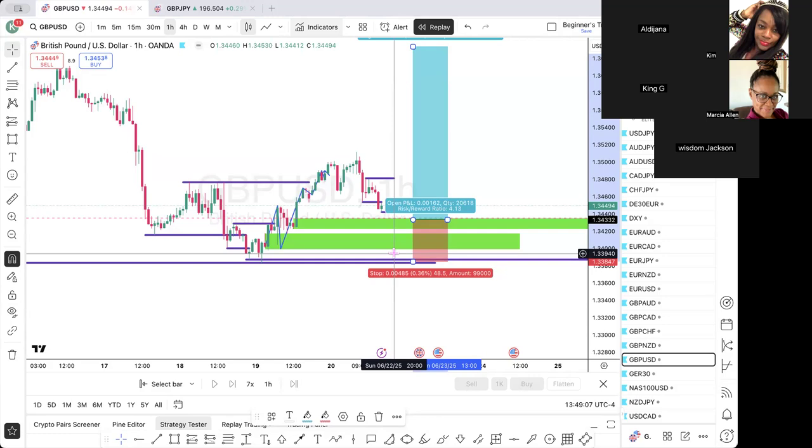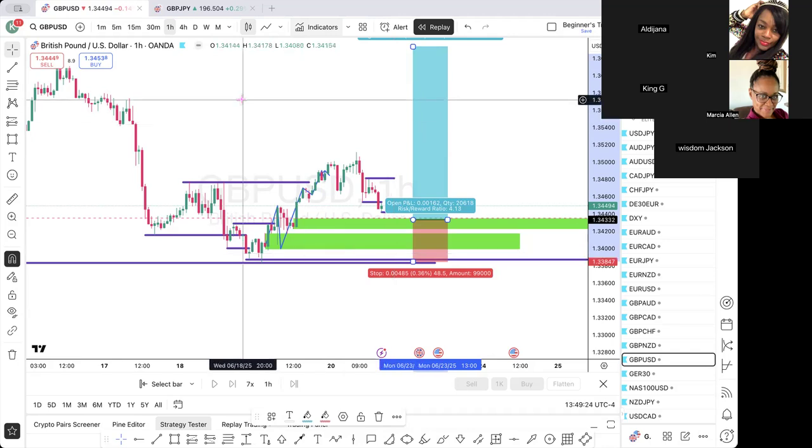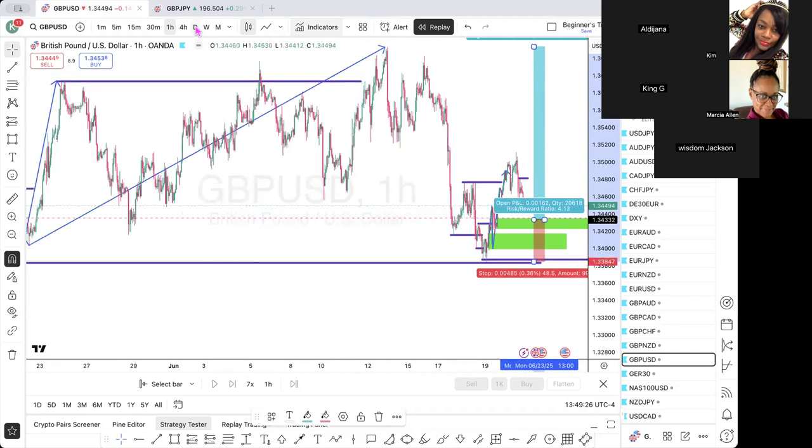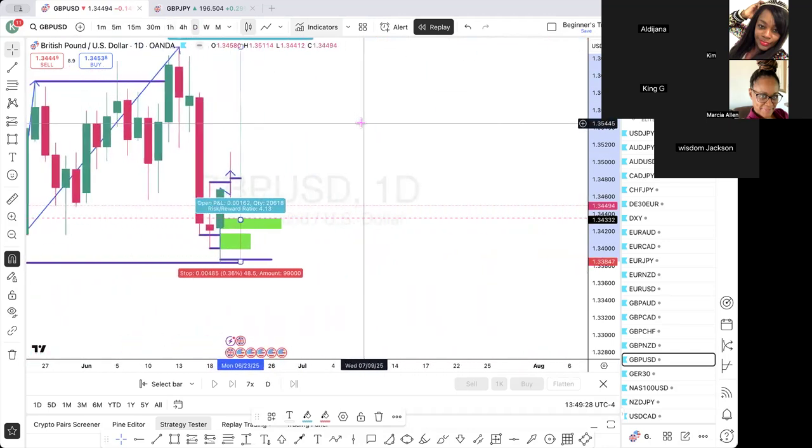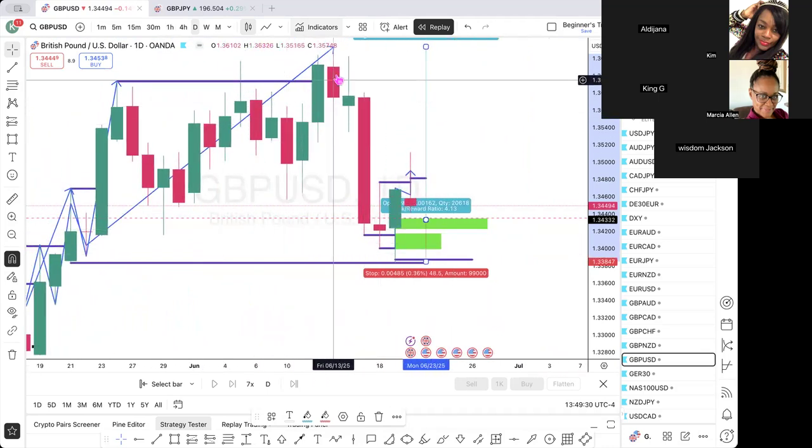That is why it's very important to do a top-down analysis and identify your structure. And then you can go into the smaller time frames, the lower time frames. If you just mark up your zones based on the daily, we had the break happen here, so we went up to this high.